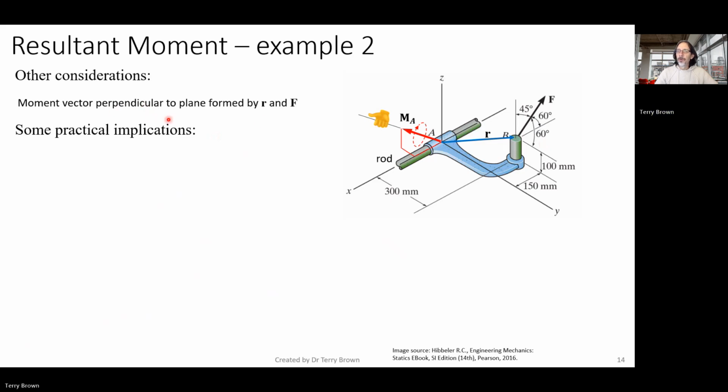What we should see is that the moment vector is perpendicular to the plane formed by the position vector and the force vector. So if we put in that plane here, this moment should be perpendicular to that. It doesn't really look like it in this picture.